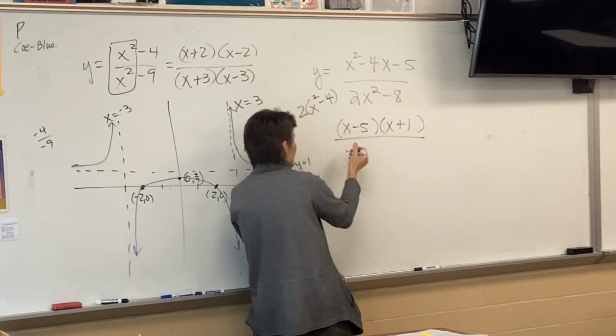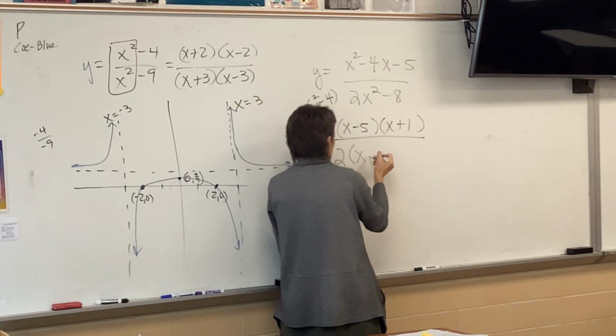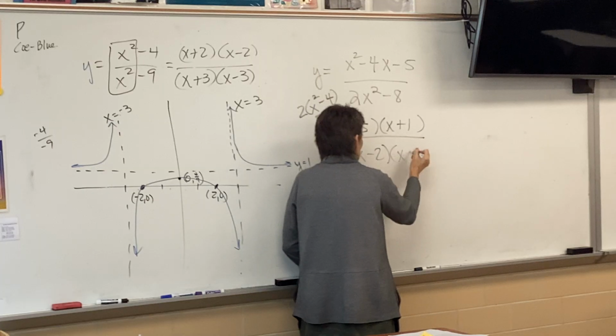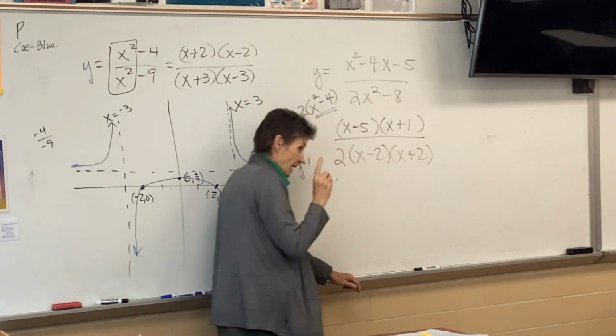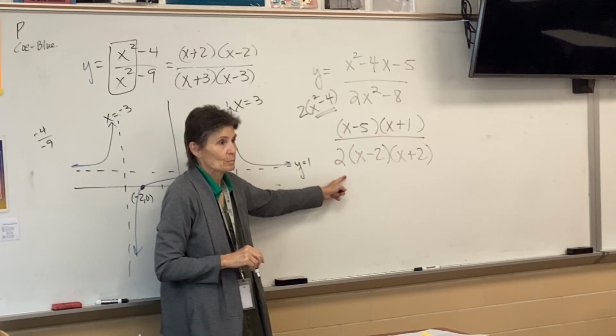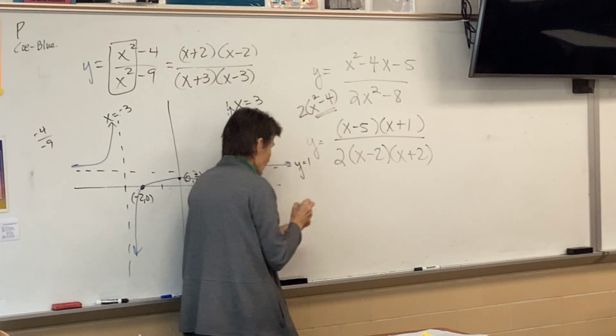And then what am I left with? x minus 2, x plus 2. Yep. Now, that 2 that I took out stays. That's part of the problem. But now we are factored.